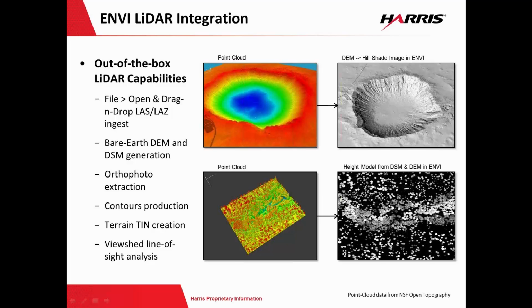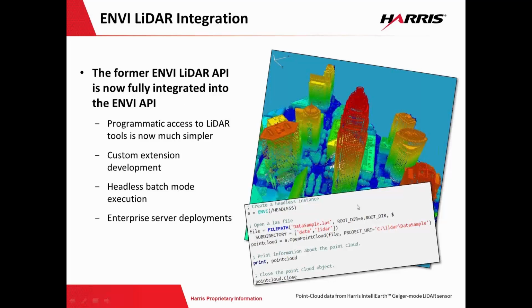So that's the out-of-the-box capabilities. We also have fully merged what was formerly the ENVI LiDAR API, which is now fully integrated into the ENVI API. Previously, this was a separate API. It was still built on IDL, just like the ENVI API is, but it was separate. You had to call it separately, and it required a different license to access those routines that are specific to LiDAR.